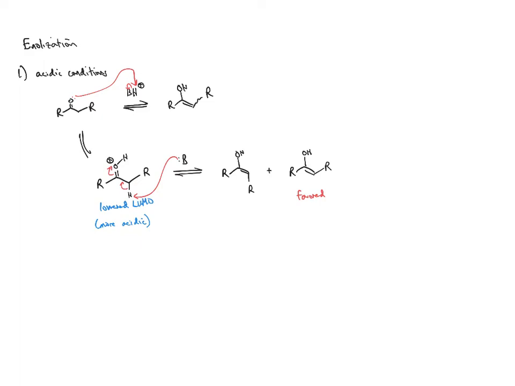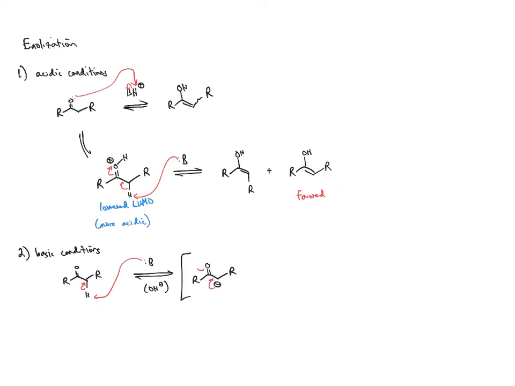Now, how might that happen under basic conditions? Okay, so let's have the same ketone, but this time we're going to have this under basic conditions. Let's just say it's something like hydroxide. It doesn't really matter what it is. The first thing that happens is the base is going to deprotonate, and you're going to place the electrons up onto the carbon, and you're going to have a resonance form in which the negative charge exists on carbon.